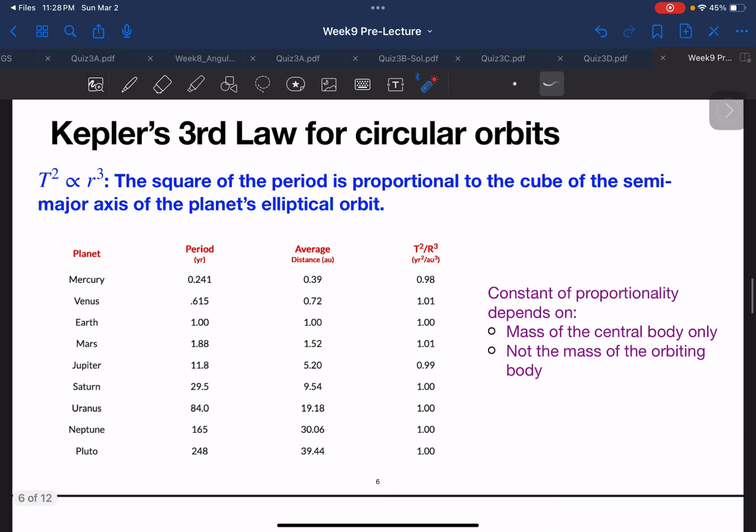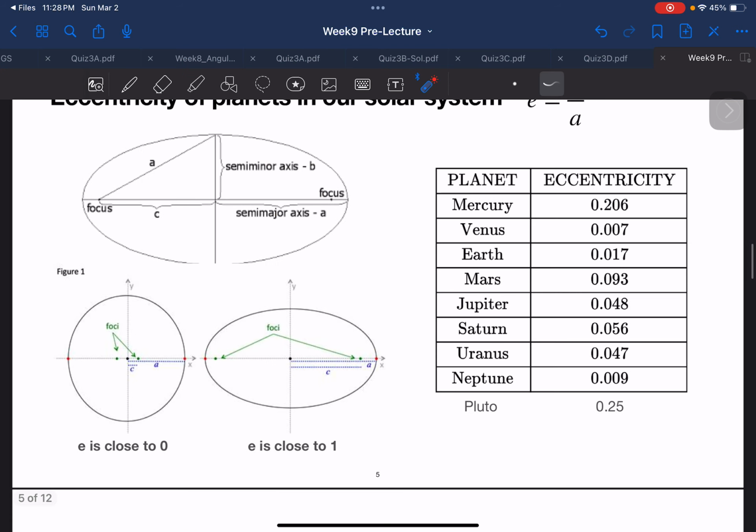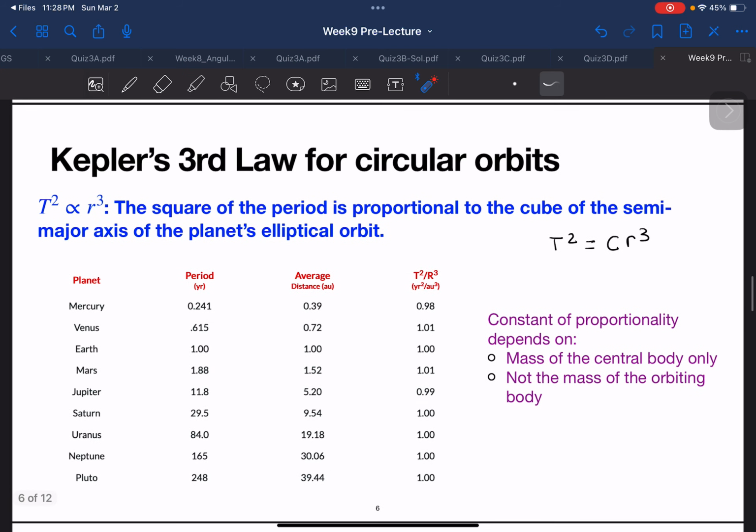So Kepler's third law for circular orbits just becomes that the period of the orbit squared is some constant times the radius cubed, because the semi-major axis is the radius of a circle if you treat a circle like an ellipse. Now, what does this constant of proportionality depend on? It depends on the mass of the central body only, and it does not depend on the mass of the orbiting body. So when we're talking about planets in our solar system, this constant ends up depending on the sun. It does not depend on the mass of what planet we're talking about.